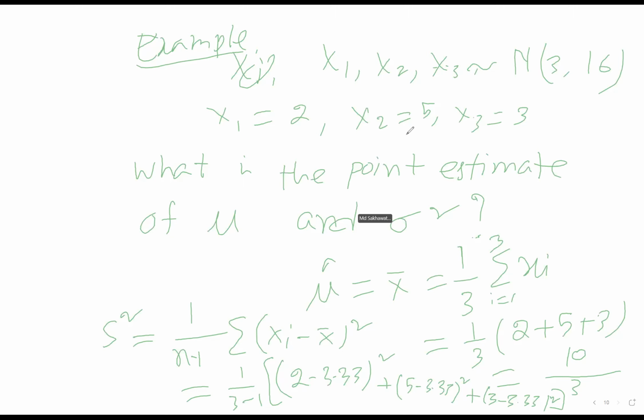Oh, I got one different answer, 3.65. Then I can check which answer is correct. So here we have 2 minus, that means we have 1.33 times 1.33 plus the others.